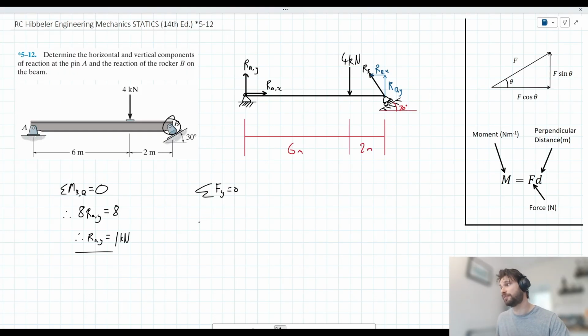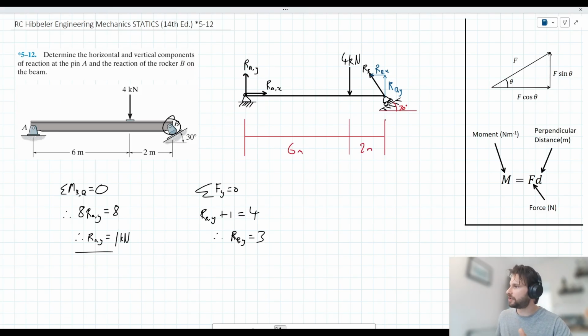What have we got acting up? Well, we've got RB, Y, which we're solving for just now, plus RA, Y, which we know is 1. And acting down, we've got this 4 kilonewton force here. So we could say, therefore, RB, Y is equal to 3, right, if we subtract 1 from both sides.